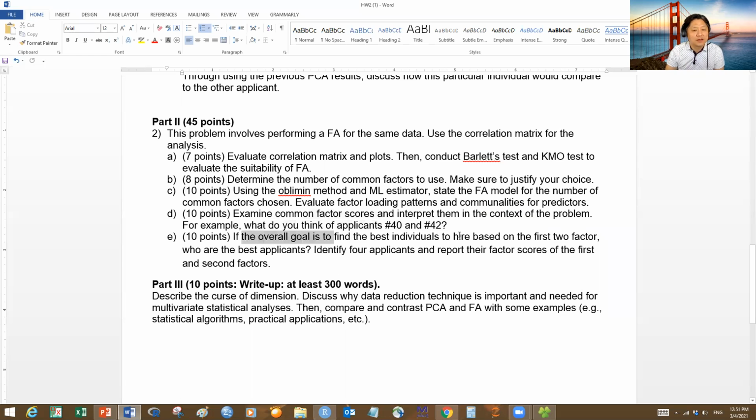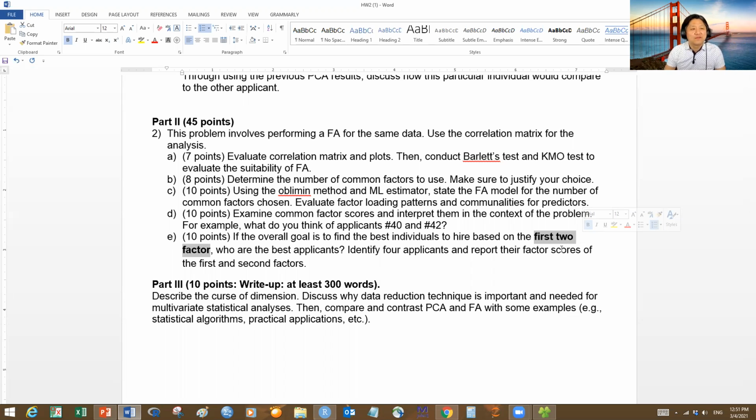And then the last one: if the overall goal is to find the best individual to hire based on the first two factors, that means you need to investigate factor one and factor two. For example, if my factor solution is 3 factors, just focus on the first 2 factors.